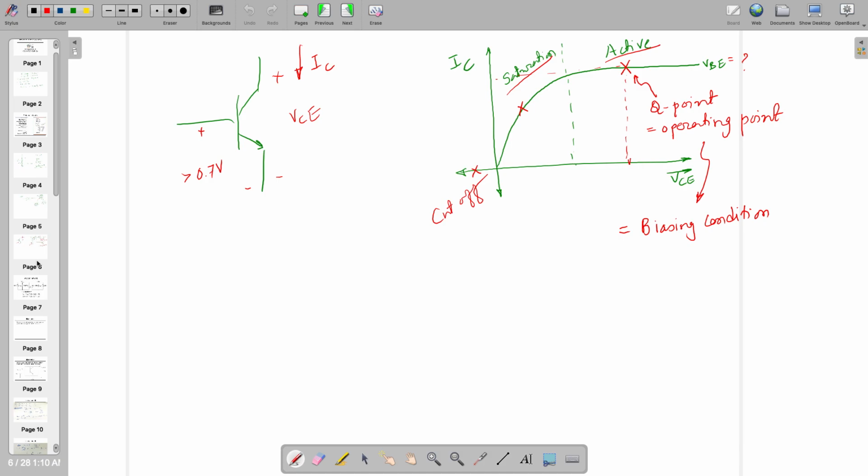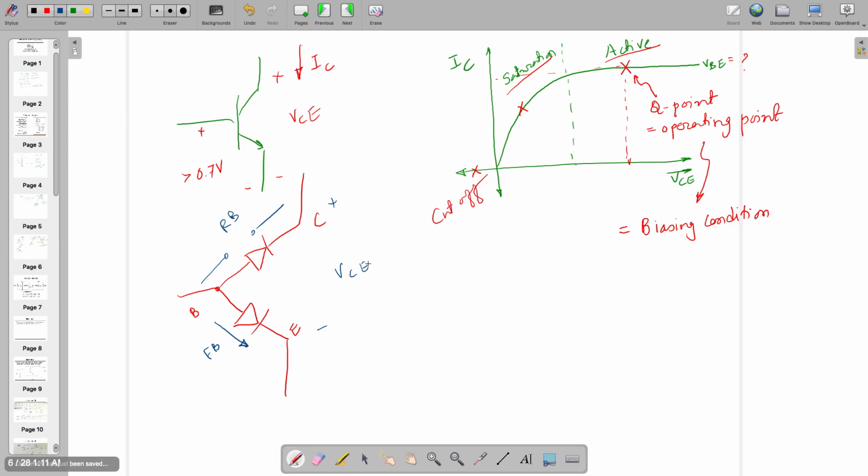The same thing is happening here also, because there are two different junctions. Some other day I'll tell you, if you want to learn it, why this is going to give you amplification. Internally it looks like this: base, emitter, and collector. So when base to emitter is forward biased and the other junction is reverse biased, then you are going to have amplification.